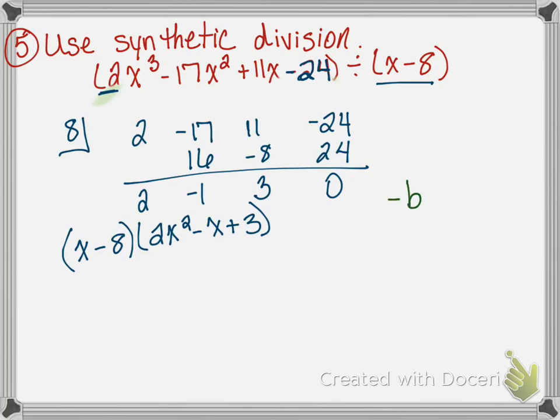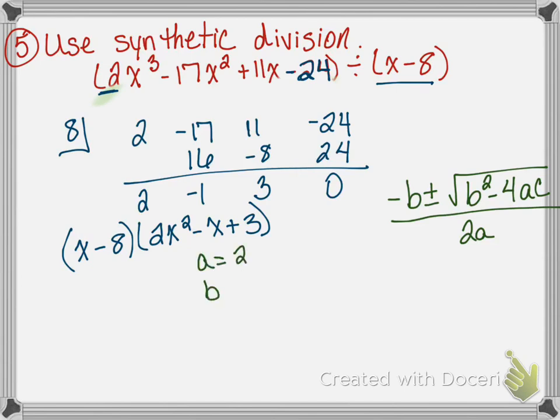The quadratic formula is negative b plus or minus the square root of b squared minus 4ac, and all of that is over 2a. So my a value here is 2, my b value is negative 1, and my c value is 3. Okay, so I have negative 1.